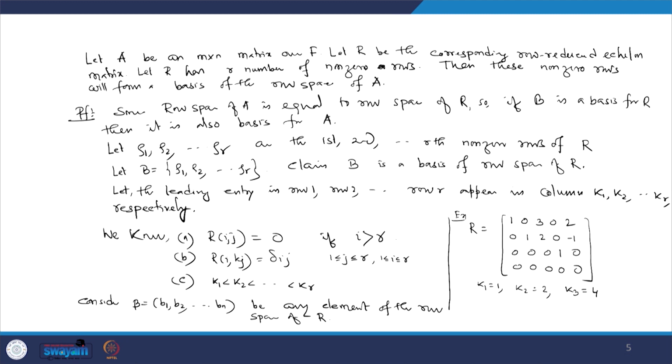So, any element of the row space of R is basically a linear combination of rho 1, rho 2, rho r only.